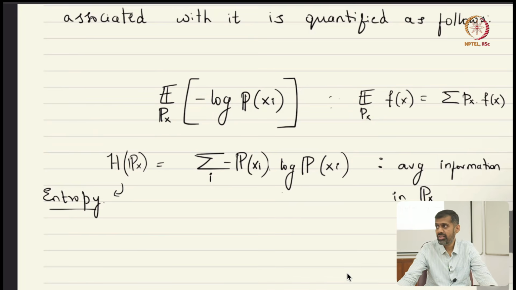The average surprisal that is associated with a particular distribution is called the entropy associated with that distribution. We all know that one of the fundamental laws of thermodynamics is that the entropy of the universe keeps on increasing.